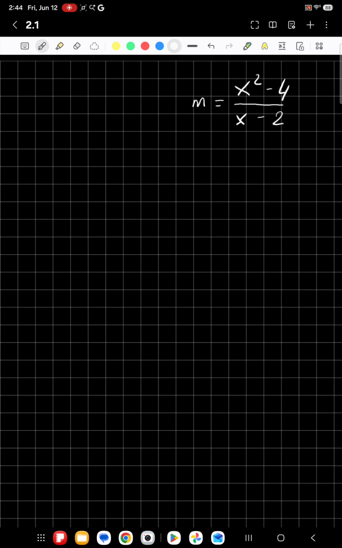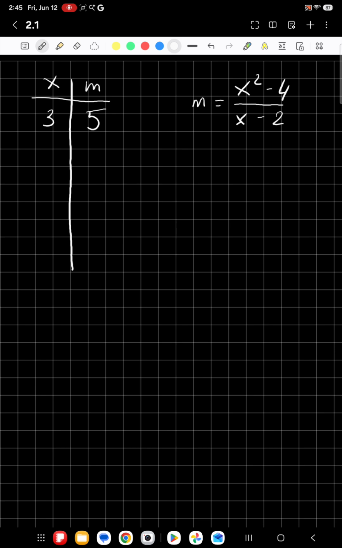Now here's the table. We have our x's, and we have slope. So if x was 3, slope was 5.